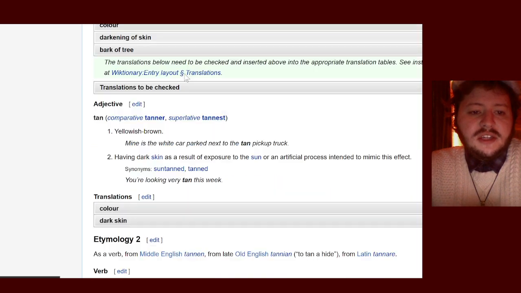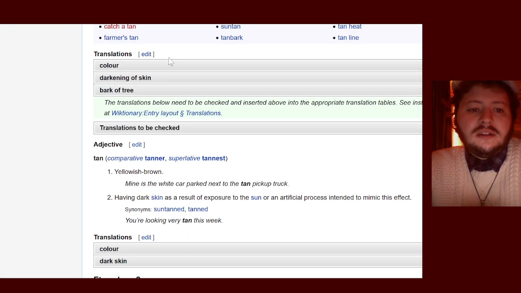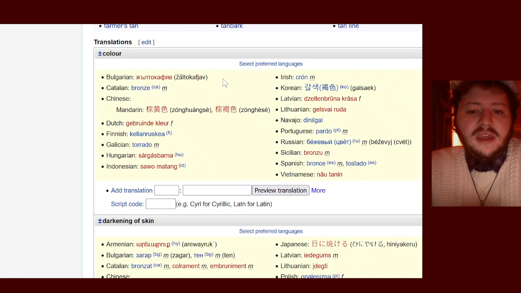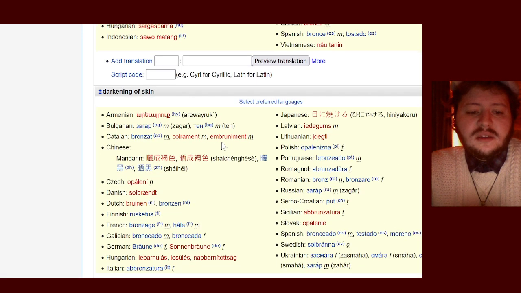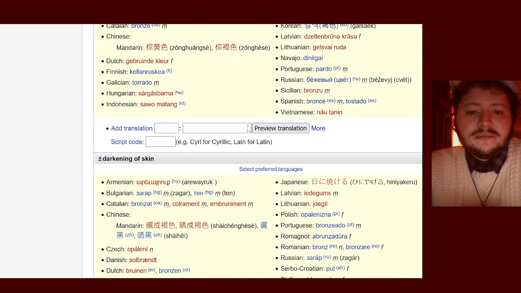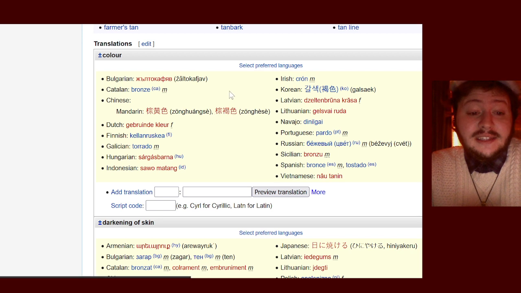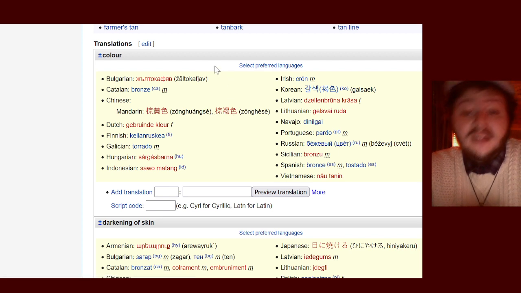It'll take me to translations of different definitions of the word tan, right? And it'll give me translations that people have added. Obviously, it depends on the word how many there will be in which languages. But then what I do is I find Indo-European languages here. I look for old ones, like the Latin or the Sanskrit or the Greek of it, that's going to be a good hint.